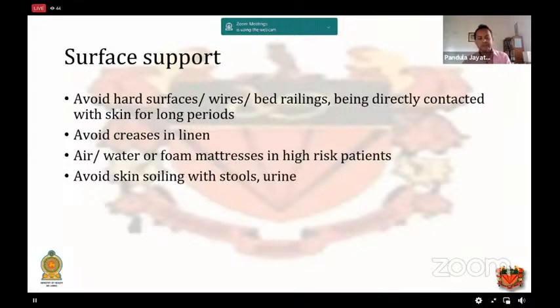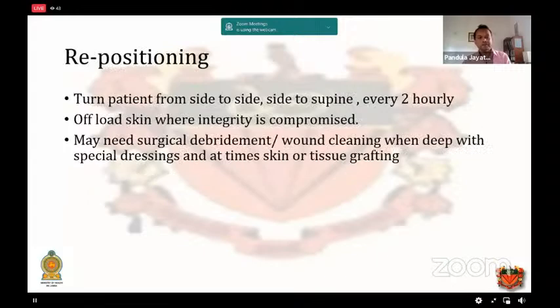So catheterization and using diapers will prevent the skin soiling. And we have to turn the patient side to side to supine every 2 hours, to offload the skin, especially where the integrity is compromised.